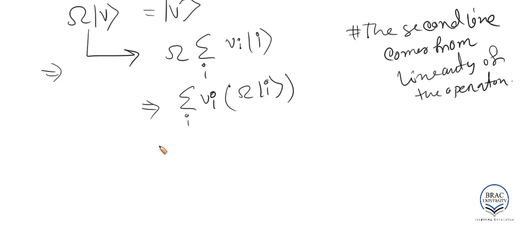And now there are two ways that we can go about, but I'll just stick to the simpler one. That is, we'll first call this e_i prime, defined as omega e_i, that is, this e_i is getting transformed to some e_i prime, which corresponds to a change of basis when we think about it. That is, some operator is acting on this basis, and it is getting mapped to e_i prime.